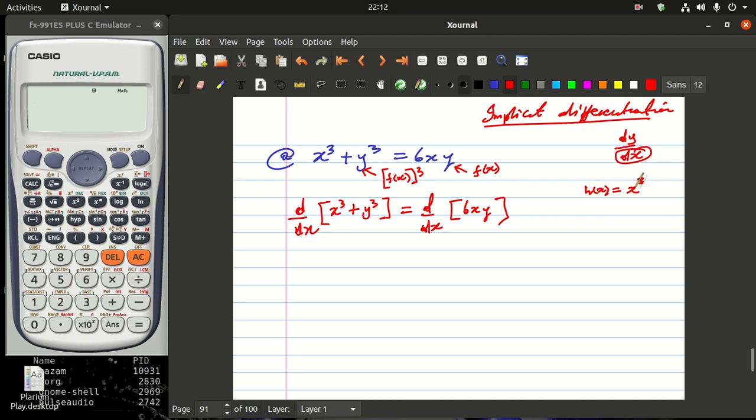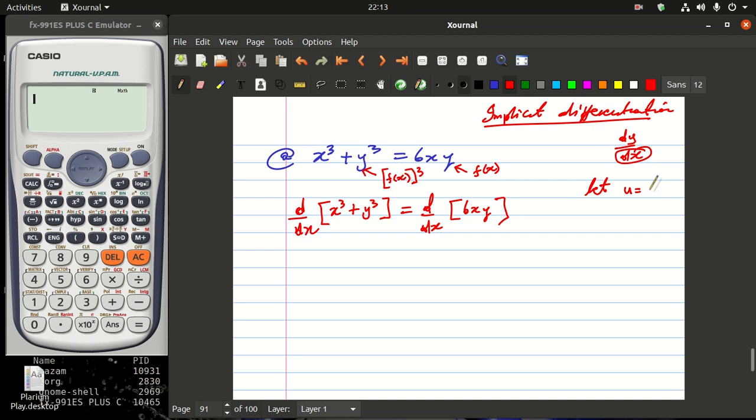But in this case, I actually have a function f of x, and this function is raised to 3. So this y, f of x, is raised to 3. So what I'm going to do here is let my u be equal to that function sitting inside, which is that y there.